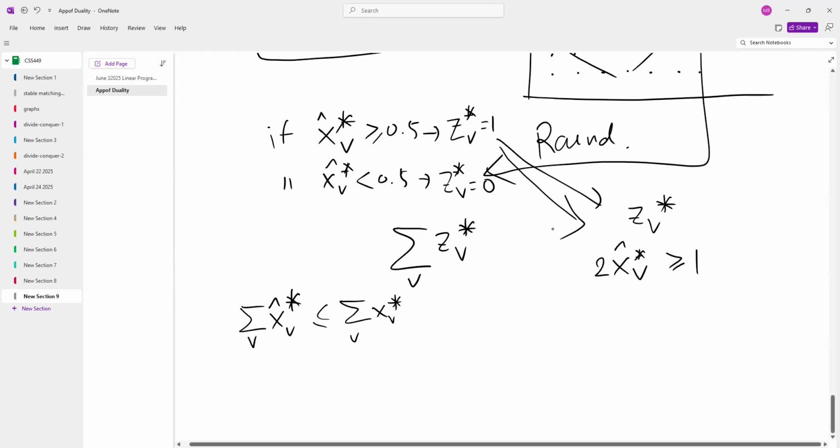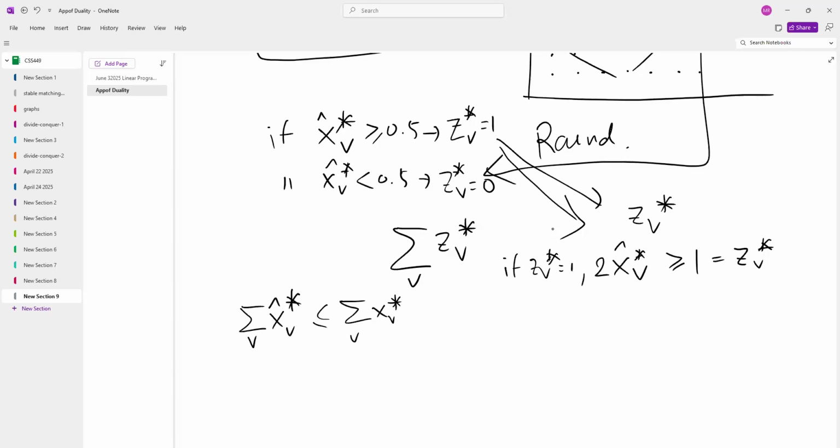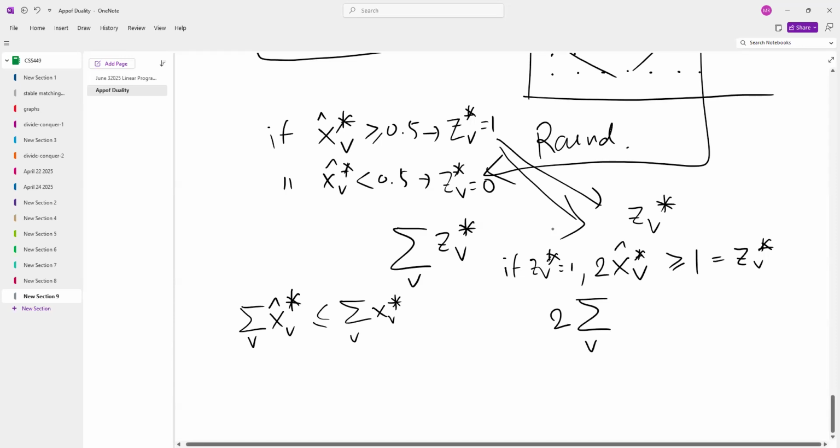If x_v star is at least 0.5, then z_v equals 1, and if it's less than 0.5, then z_v is 0. So you sum this out, and you get 2 times the summation over v of x_v star.